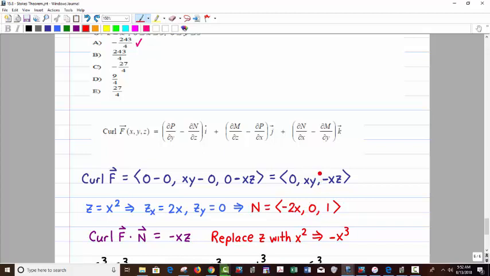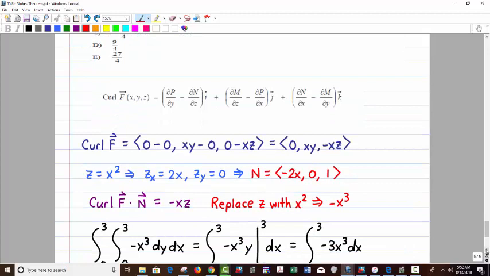So we have to dot these two. But the z needs to not be there, because this needs to only be x's and y's since it's a double integral. Well, no problem. We know that z equals x squared.